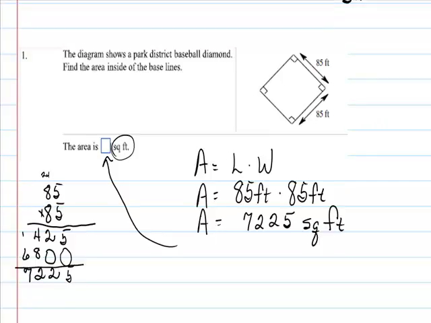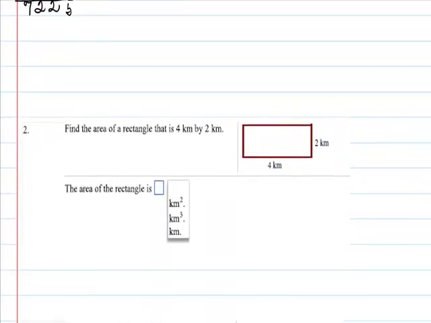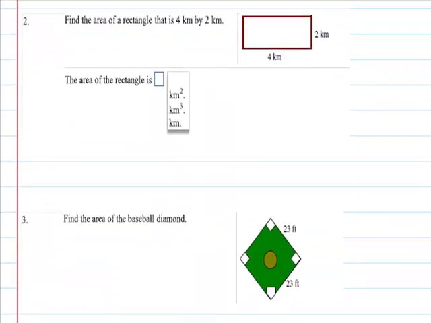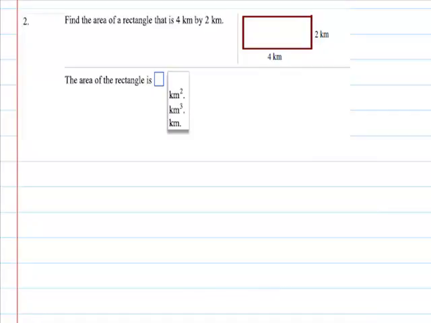Okay, let's take a look at the second problem. Give myself a little workspace. All right, this one's not so bad. Find the area of a rectangle that is 4 km, which stands for kilometer, by 2 kilometers. And a kilometer is in the neighborhood of half of a mile. All right, so area, because it's a rectangle, is length times width.